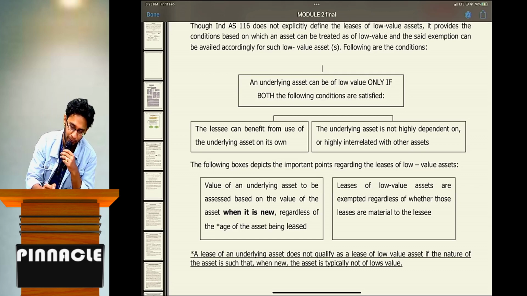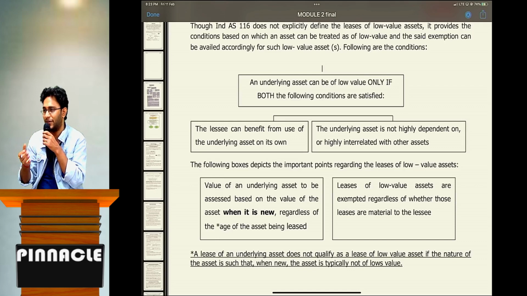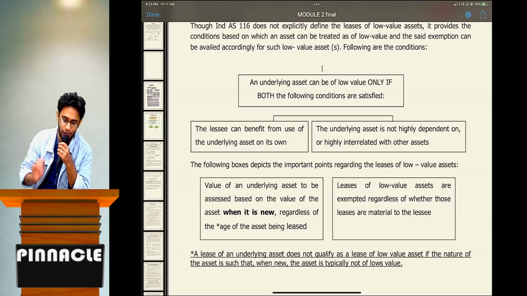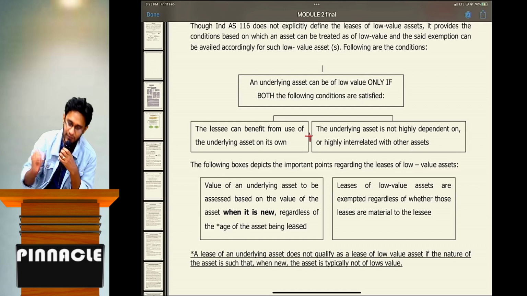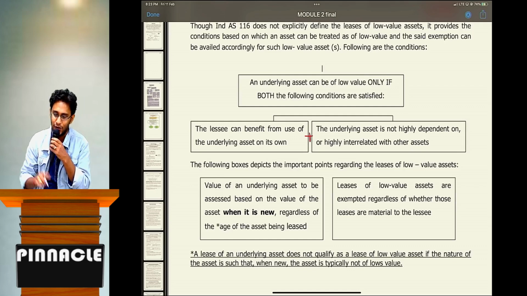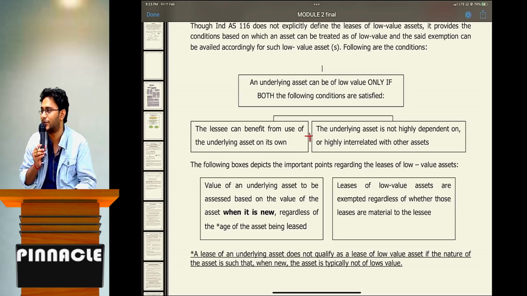Number 1, the lessee can benefit from the use of the underlying asset on its own, meaning the asset should be capable of giving benefit on its own, plus the underlying asset is not highly dependent on or highly interrelated with other assets.